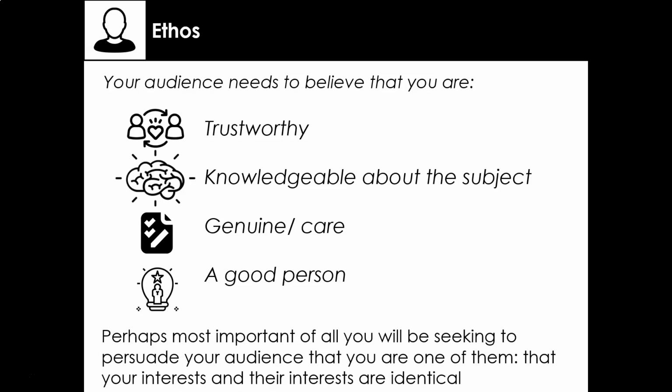Okay, let's pause here again, and we're going to write a list of the 4 things that your audience needs to believe that you are. Okay, so we're aiming to persuade the audience that we are one of them, yeah? That your interests and their interests are the same. They are identical.